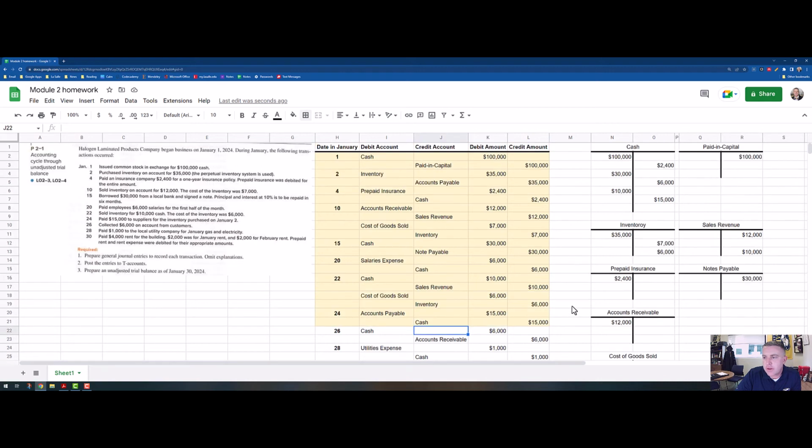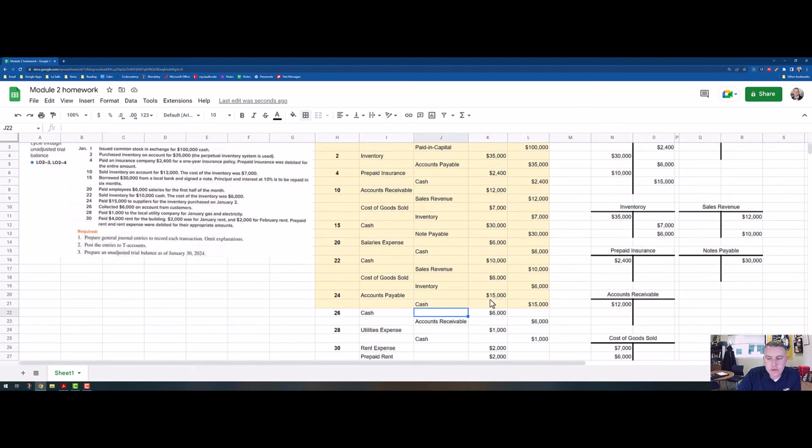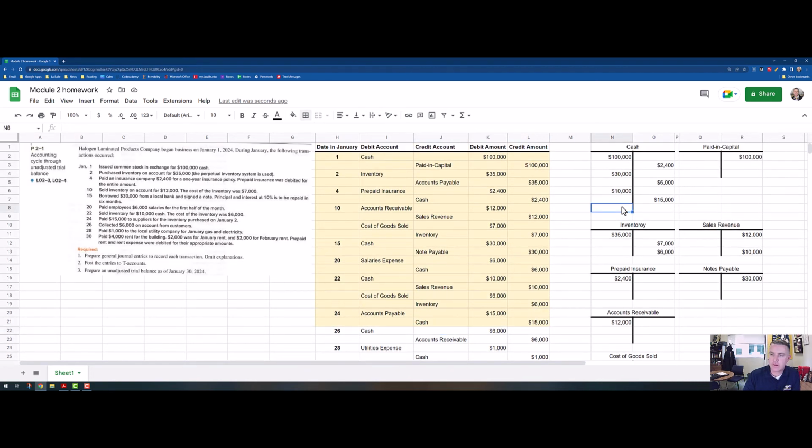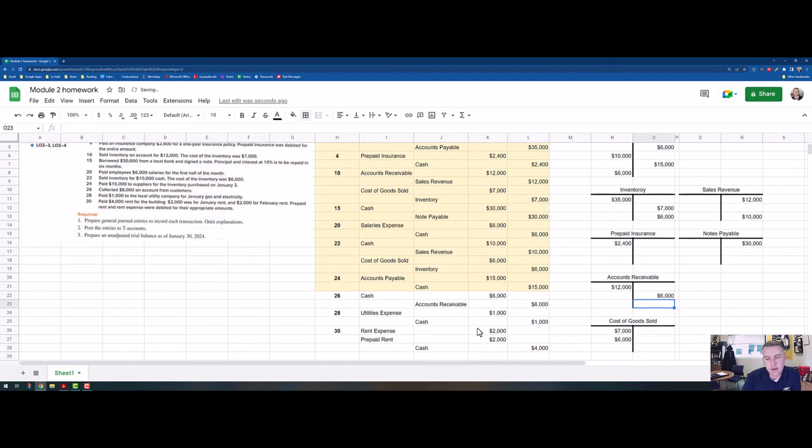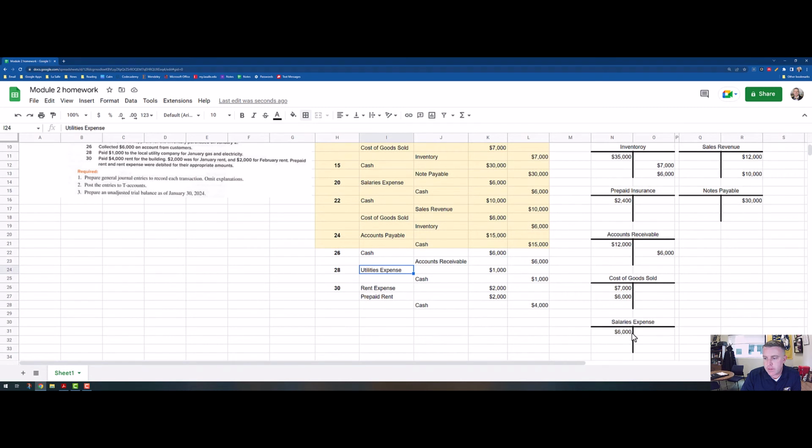How about cash? The next entry is debit $6,000 to cash. So I'm going to say debit 6,000, and then accounts receivable credit 6,000. Remember, the debits are on the left of the T account and the credits are on the right. Utilities expense, $1,000.